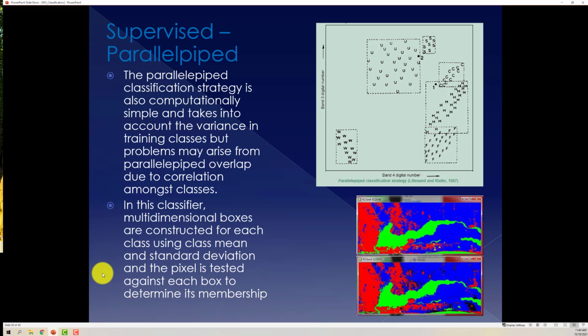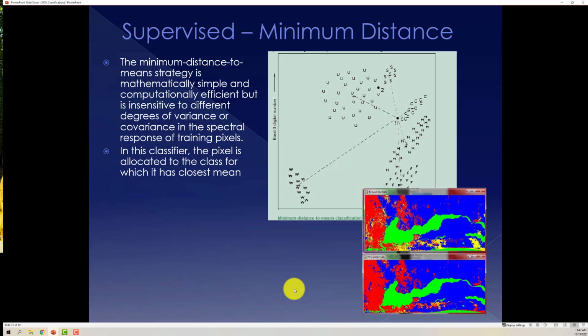So in this classifier, multi-dimensional boxes are constructed for each class. It uses class mean and standard deviation, and the pixels are tested against each other to determine their membership.